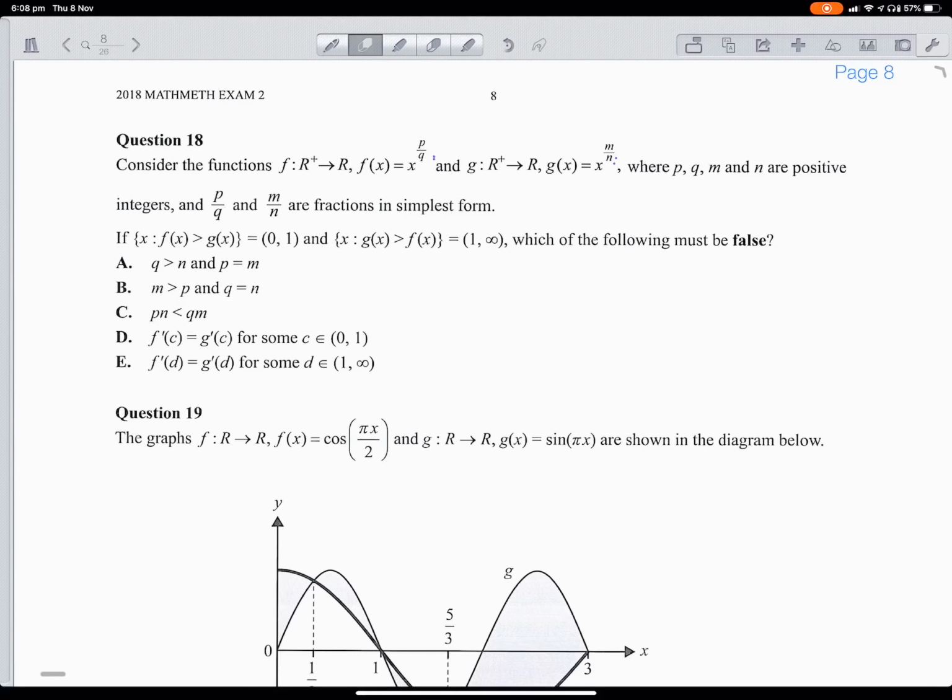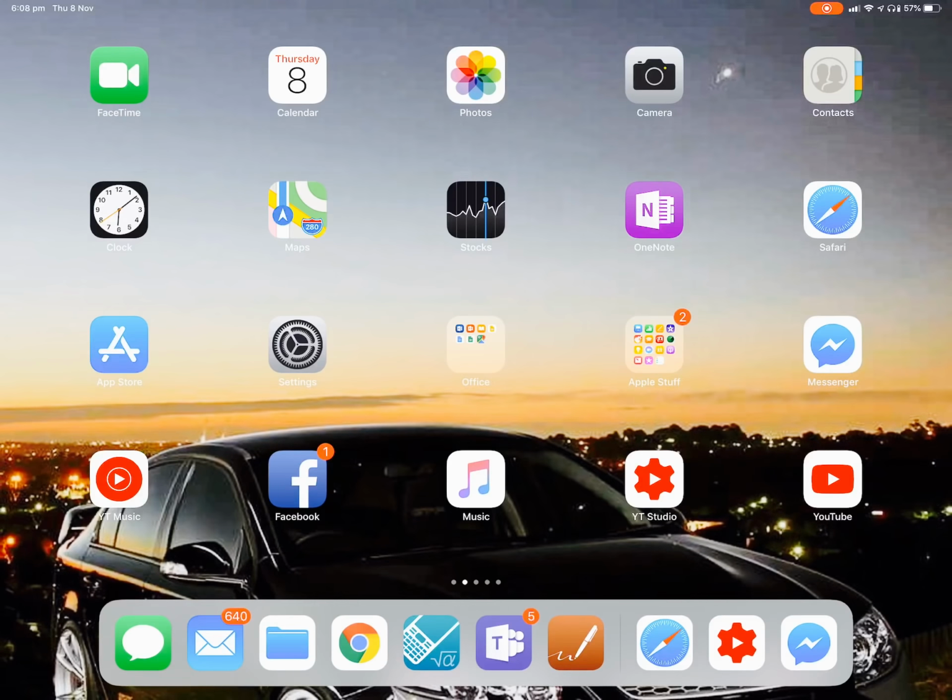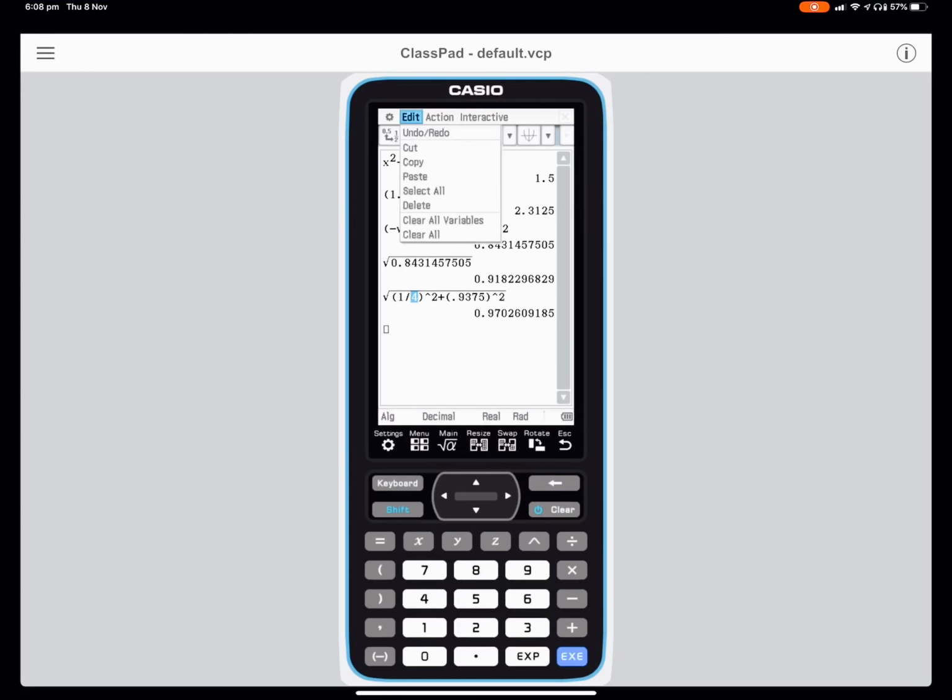Okay, consider the functions, all real positive numbers, x to the p on q and x to the m on n, they're all positive integers. p and q are in their simplest form. f of x is greater than g of x. Okay, so x to the p on q, x to the m on n.